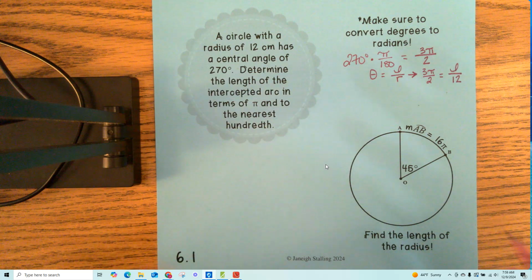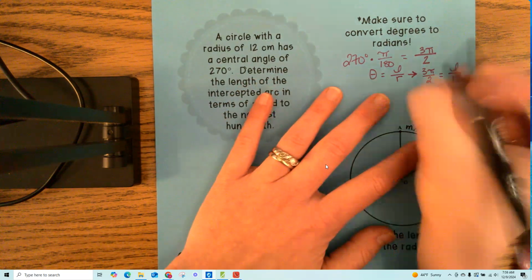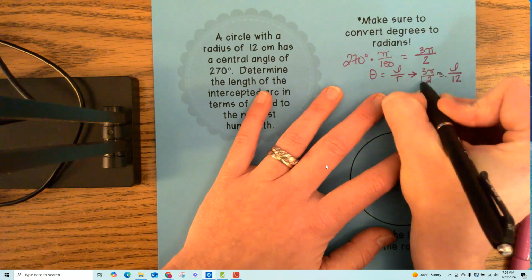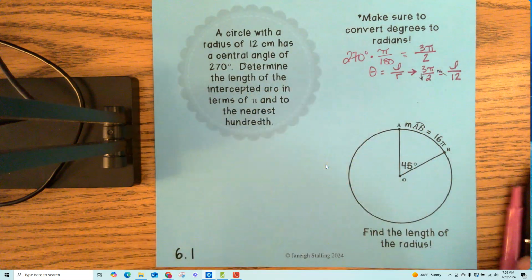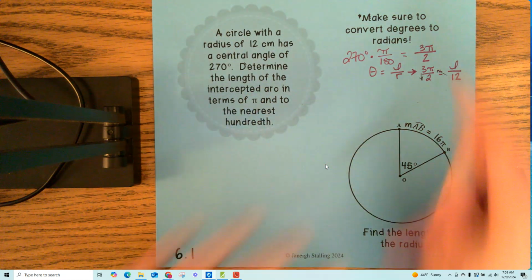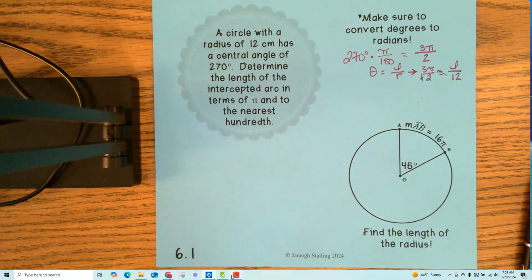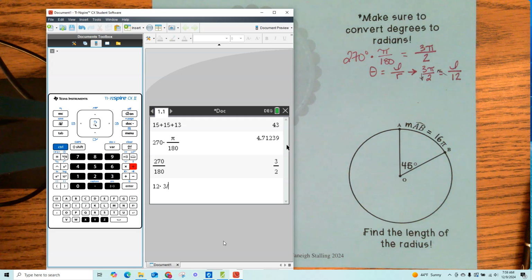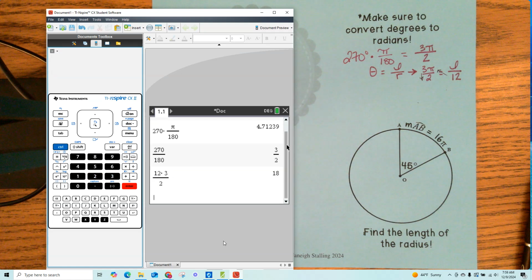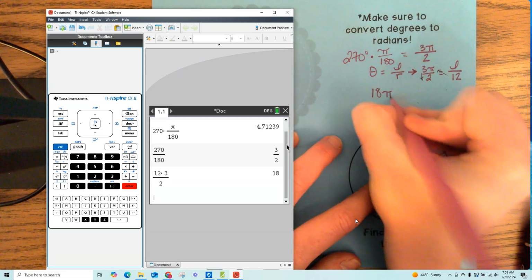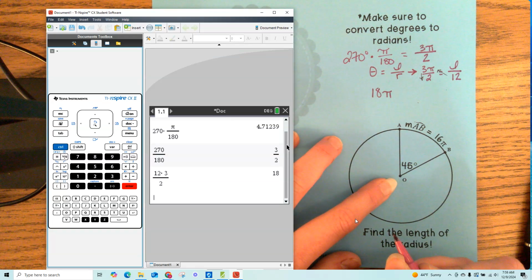We can cross multiply and divide, again leaving the pi out of it. So we do 12 times 3 divided by 2, and we get 18. But we can't forget about the pi. You just attach the pi to the end.